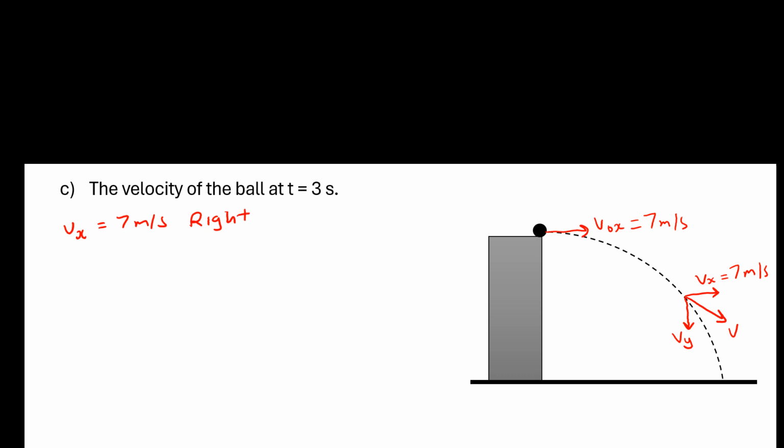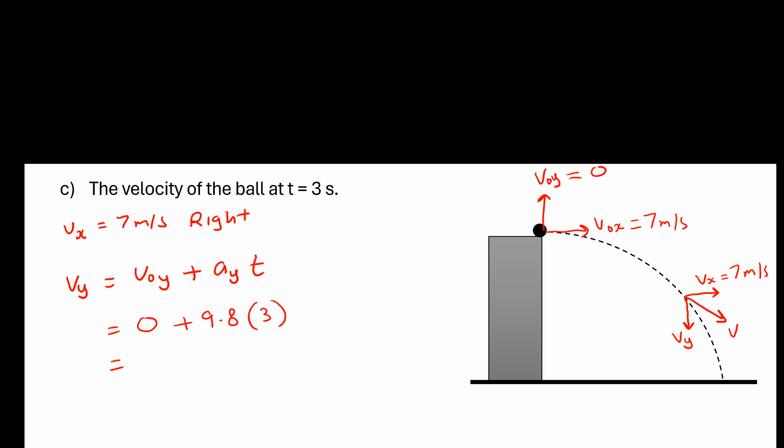And now we need to calculate Vy. What is Vy? So let's use one of the three equations from the vertical motion. So maybe we can use the first equation. Vy equals V naught y plus Ay times the time. Because in this case, I know V naught y is equal to 0. So V naught y, as we can see here, is equal to 0 plus Ay is 9.8 and the time is 3.